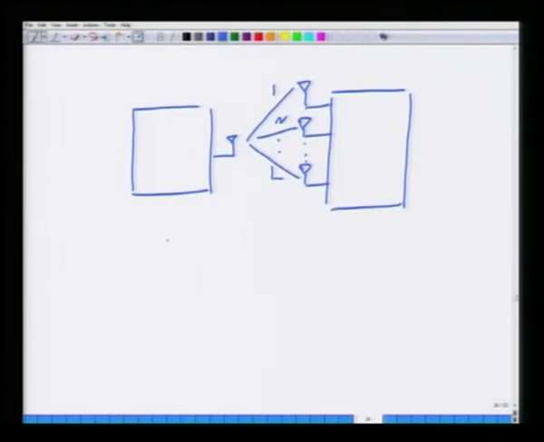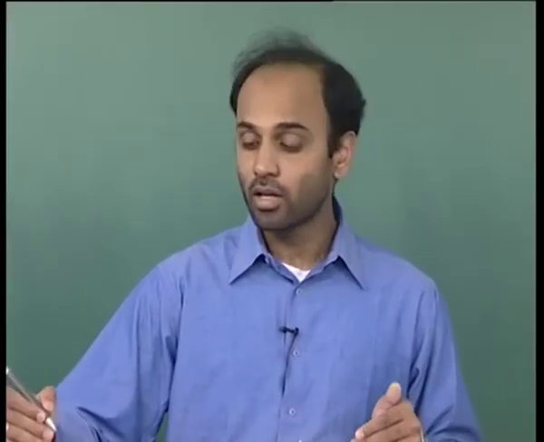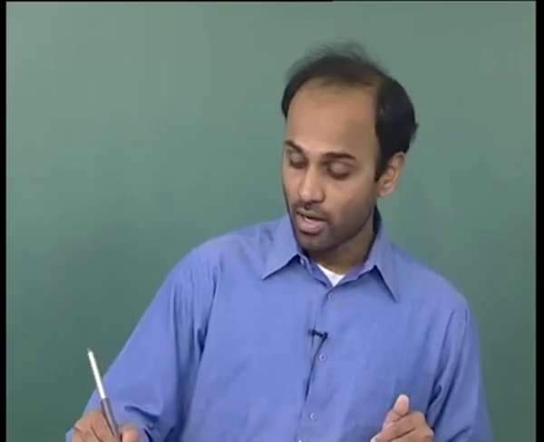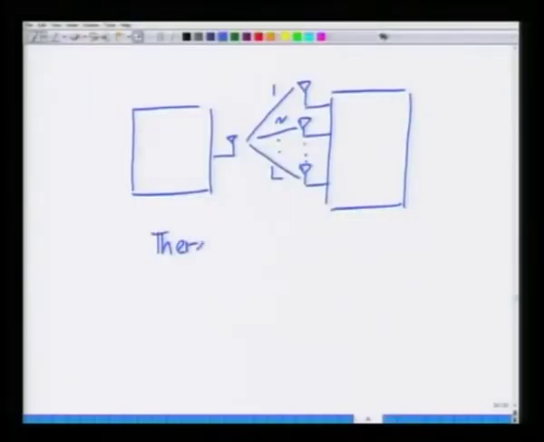The link between the transmit antenna and the first receive antenna is link 1, between the transmit antenna and the second receive antenna is link 2, and so on. Between the transmit antenna and the Lth receive antenna is the Lth link. So, with L receive antennas there are L links.